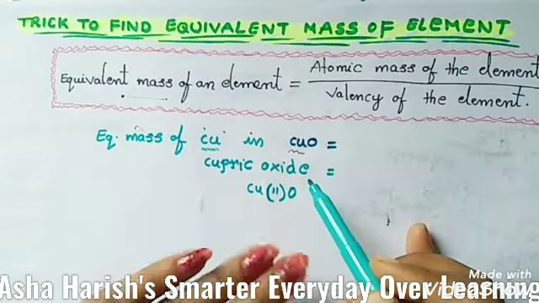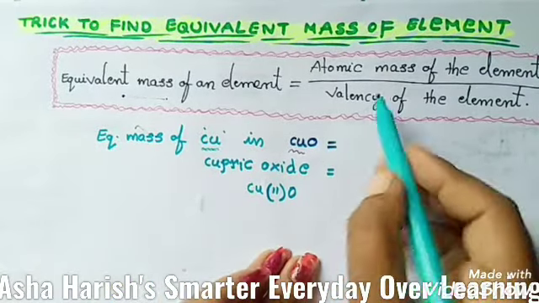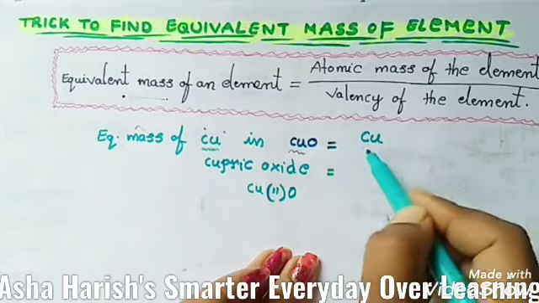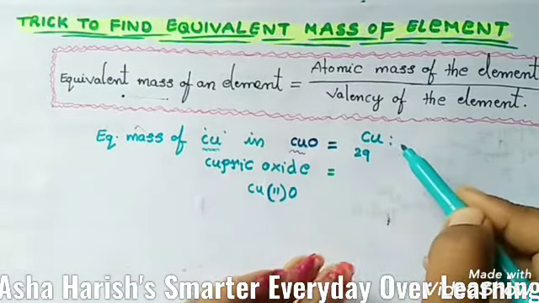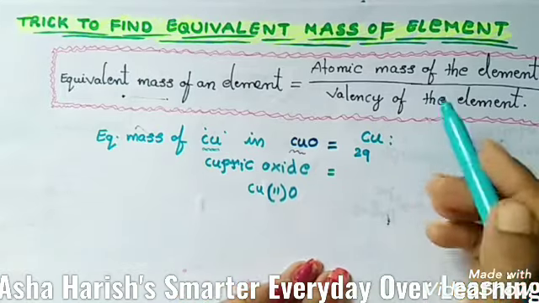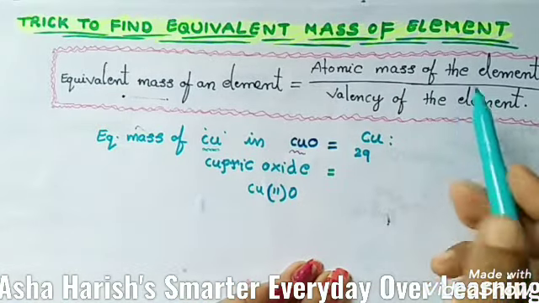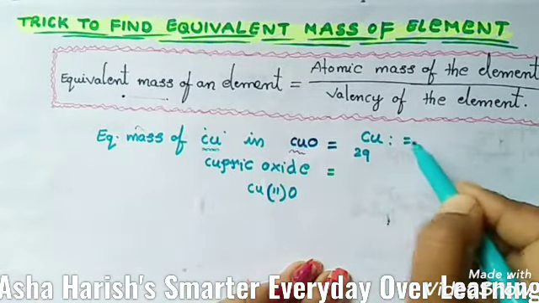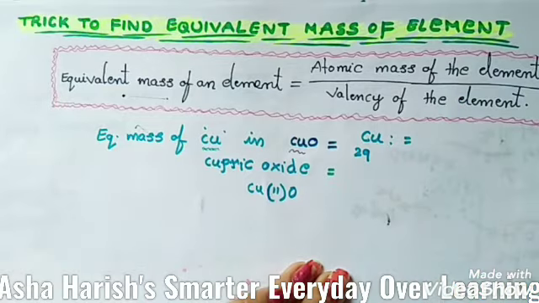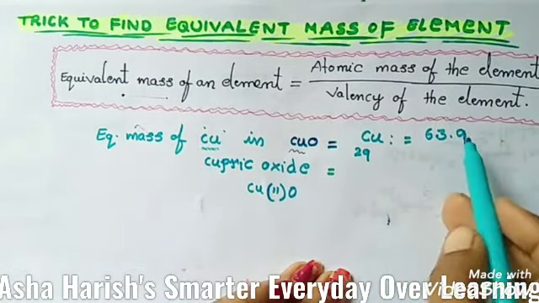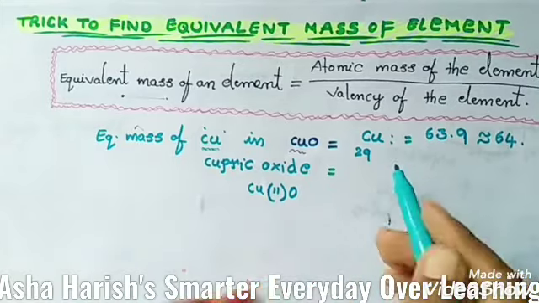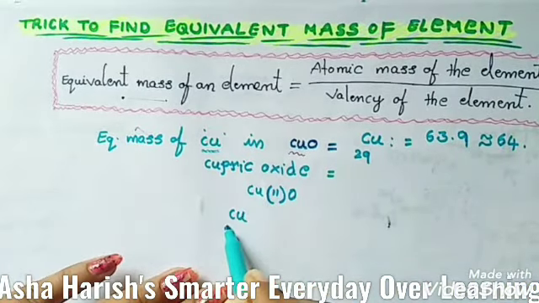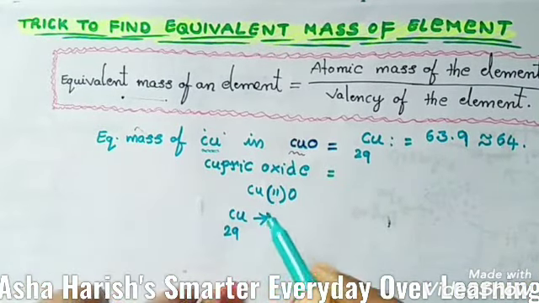For this we first need copper's atomic number 29 and its electronic configuration, because we need to find the valency of the element and the atomic mass also. The atomic mass of copper is 63.9, approximately 64, and 29 is its atomic number.